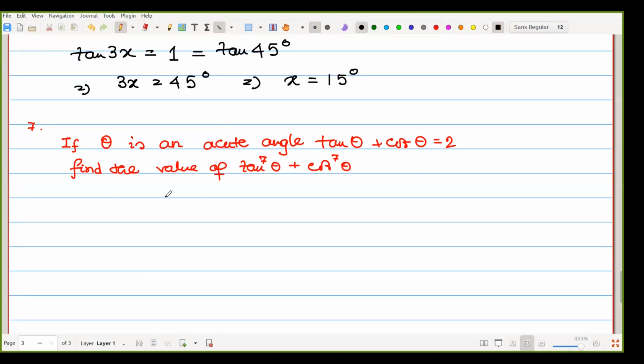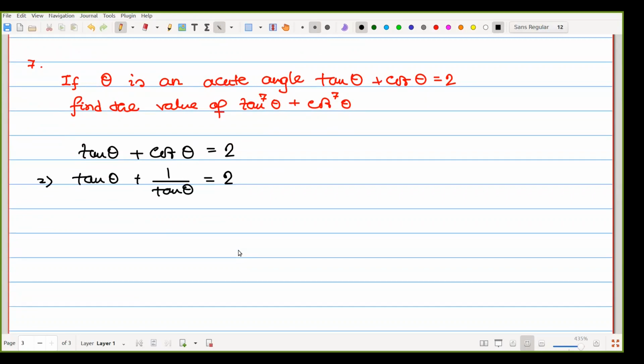Okay, so from here we can say tan theta plus cot theta is equal to 2. Now cot theta can be written as 1 by tan theta, so tan theta plus 1 by tan theta is equal to 2. So here we have tan square theta plus 1 is equal to 2 tan theta.